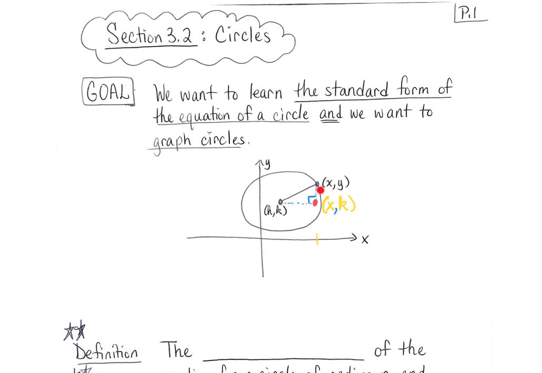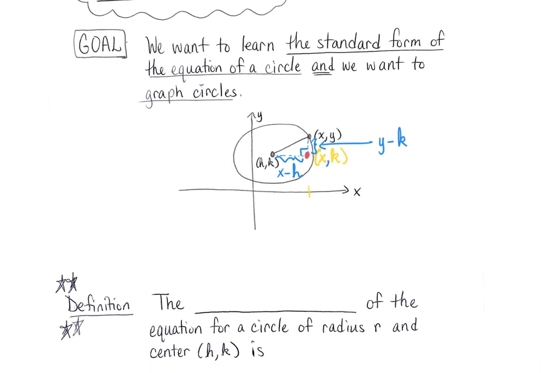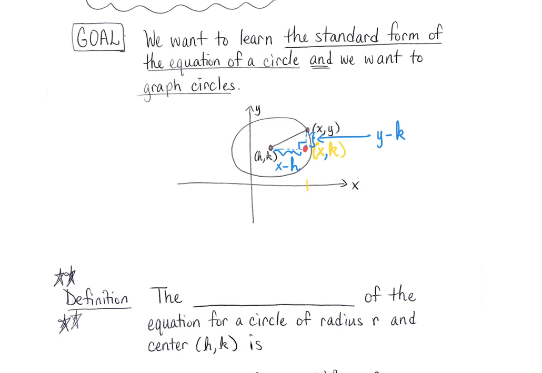All of this to say we can find out what this distance is. This vertical distance here is going to be our change in y. So it's going to be y minus k. This horizontal distance is going to be our change in x. So it's going to be x minus h. And you can just pay attention. What I really want you to get from this is to know where the equation is coming from.